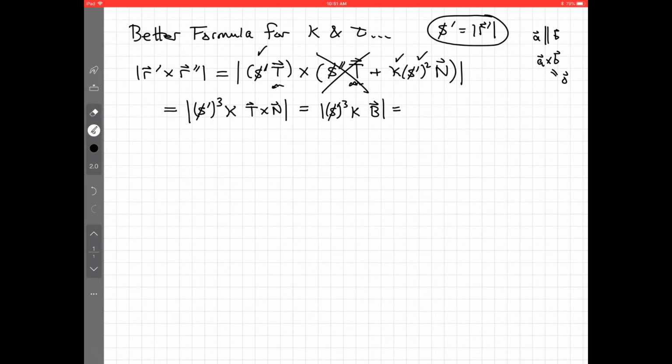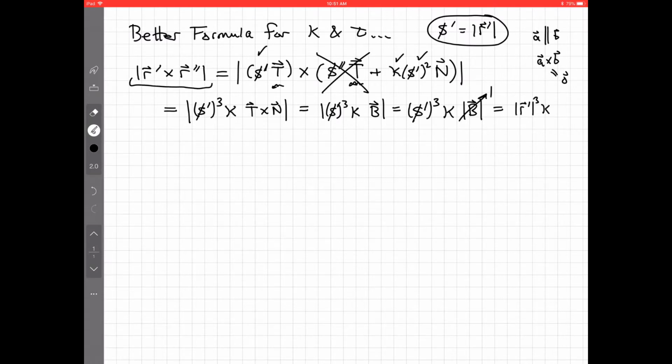So we're taking the length of, well, let's pull some things out of the length, right? S prime is positive, so it cubed is positive. We don't need an absolute value there. Kappa, the way we've defined it, curvature is non-negative, so we don't need an absolute value there. We're just left with the length of b, but it's a unit vector, it's 1. So let's rewrite s prime as the length of r prime. So we just ended up with the following.